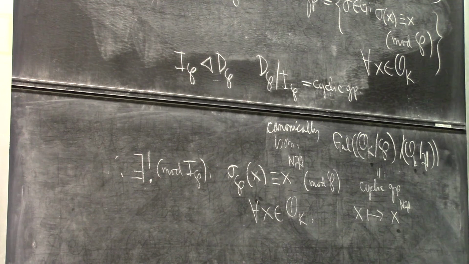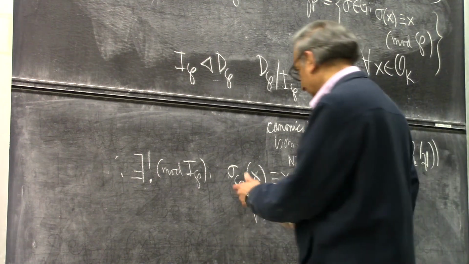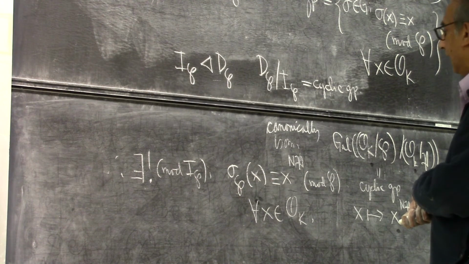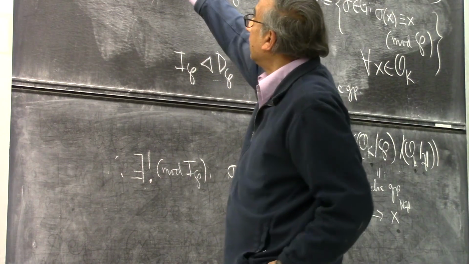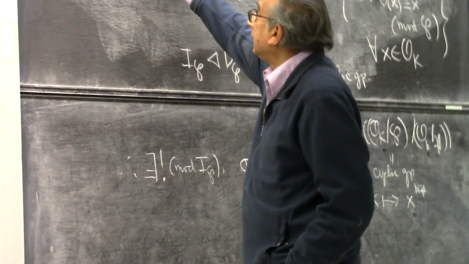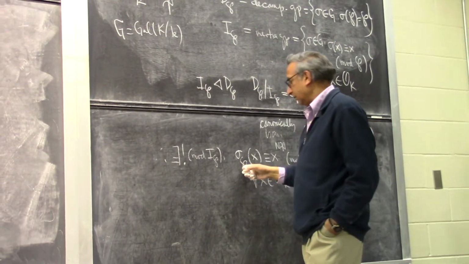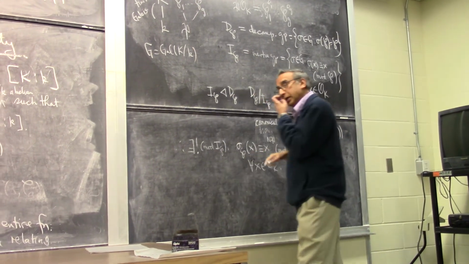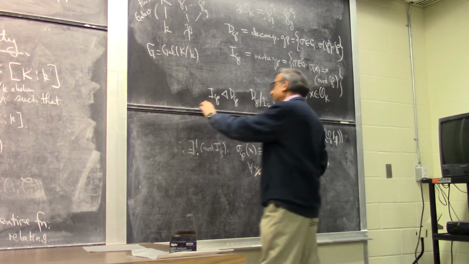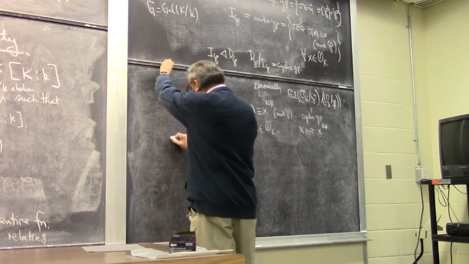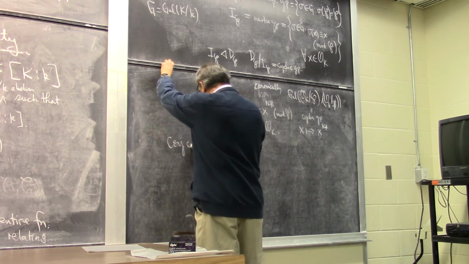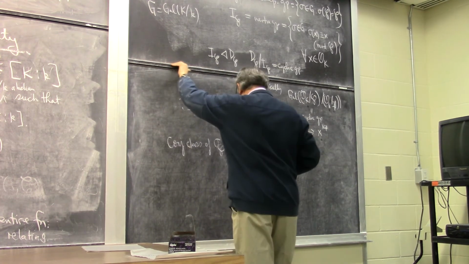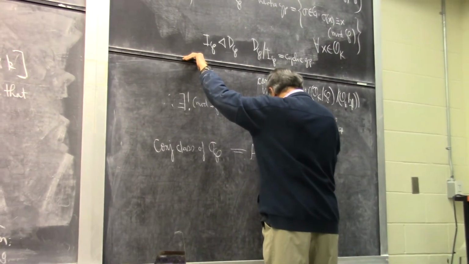So there exists this automorphism, and it is called the Frobenius automorphism. And as we look at a prime ideal P here, and we look at the sigma P's that correspond to the prime ideals upstairs, they turn out to be conjugate. And the conjugacy class of sigma P is what's called the Artin symbol.